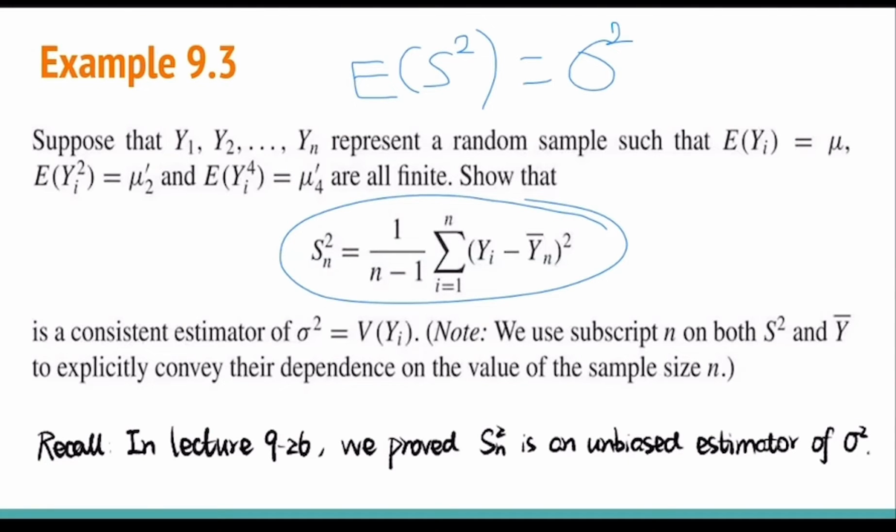We know there's sampling variation. Because of that, the sample variance becomes a random variable, which means it varies, and we can compute the variance of the sample variance.